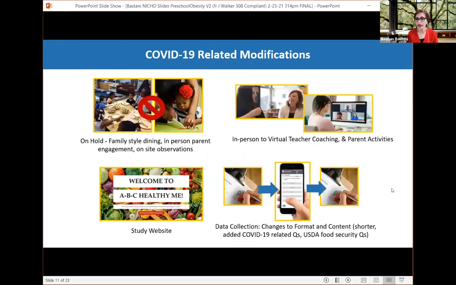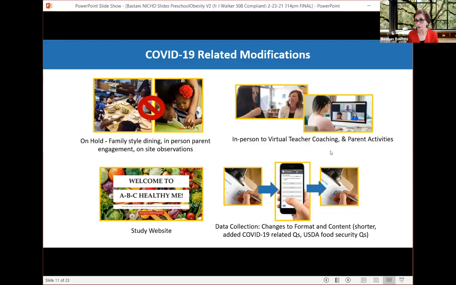Of course, COVID happened, as we all know, and many of the intervention elements and data collection modes had to be changed. For example, no family style dining, no in-person parent engagement. We couldn't do on-site observations of implementation.